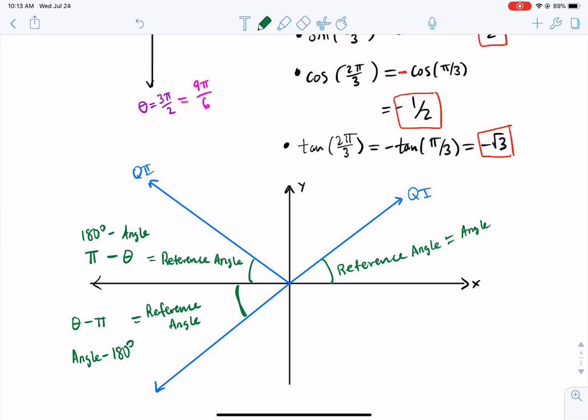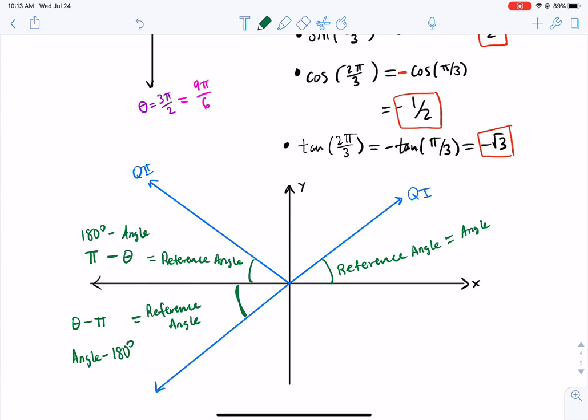Think about something in the third quadrant, like Kazi mentioned, 240 degrees. Then 240 is this blue ray. You subtract 180 from that, and that gives you 60. So that is going to be the reference angle.